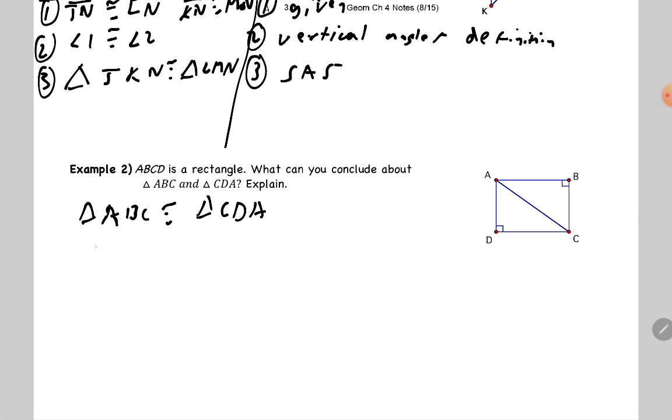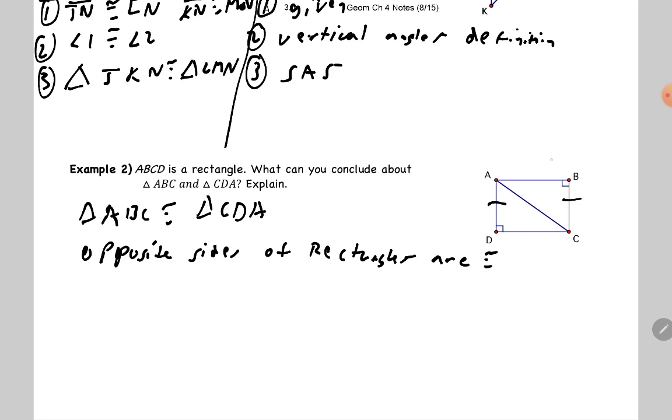Why? Because it's a rectangle. Opposite sides of rectangles are congruent. That means AD is congruent to BC, and AB is congruent to DC.